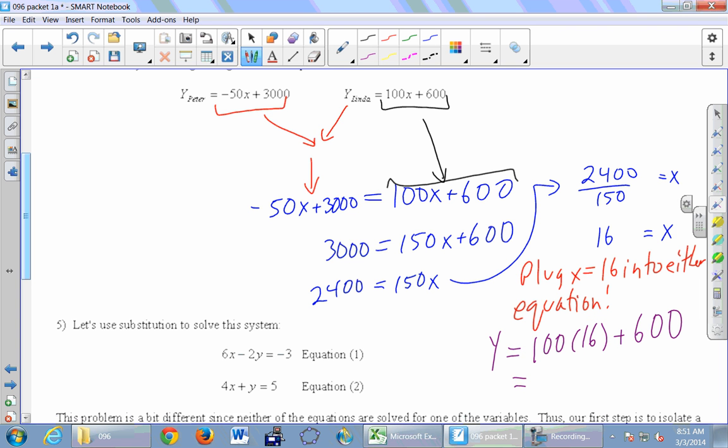Okay, so that gives us 1600 plus another 600, 2200. Which should also sound familiar because that was the y coordinate at the intersection point. Any questions on what we just did?